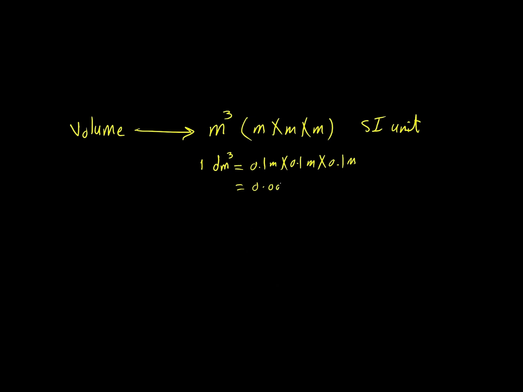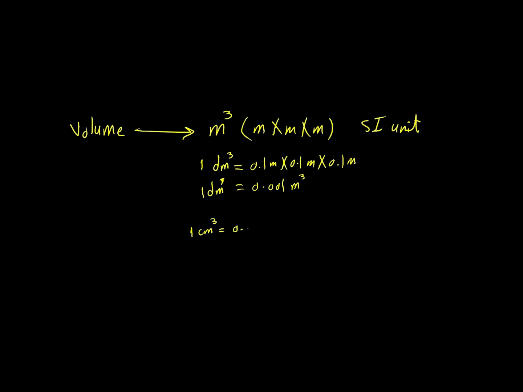So 1 cubic decimeter is equal to 0.001 cubic meter. What about 1 cubic centimeter?